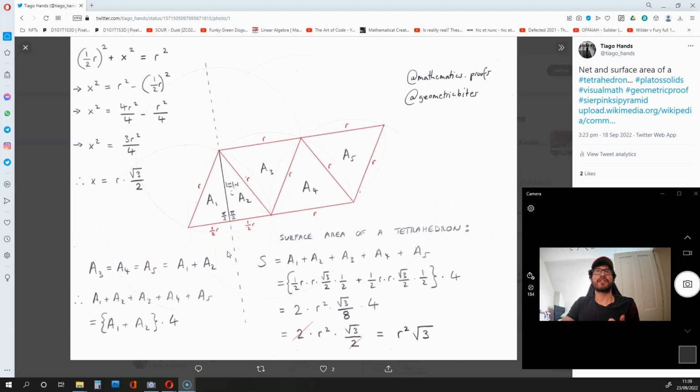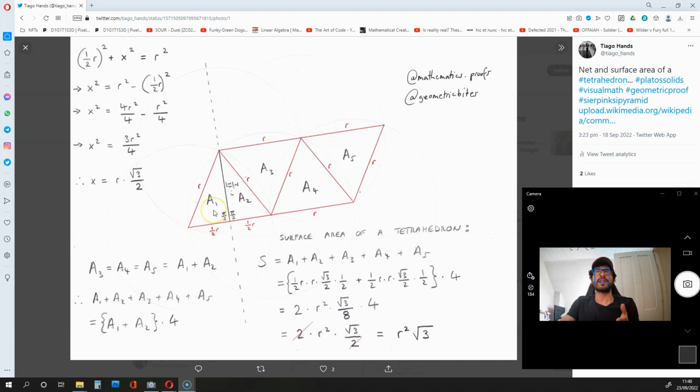So the surface area of the tetrahedron will be A1 plus A2 plus A3 plus A4 plus A5. But to get everything, let's look at A1 individually.